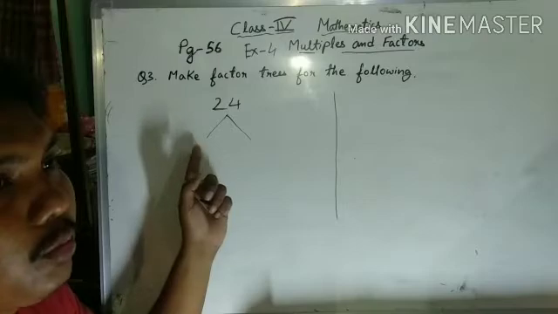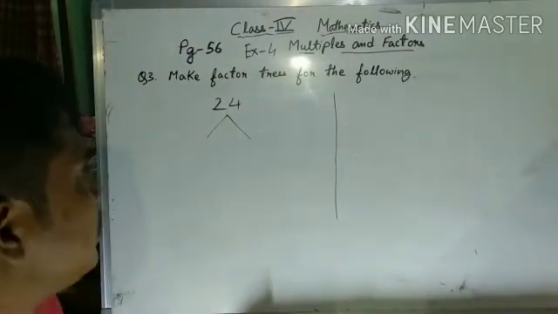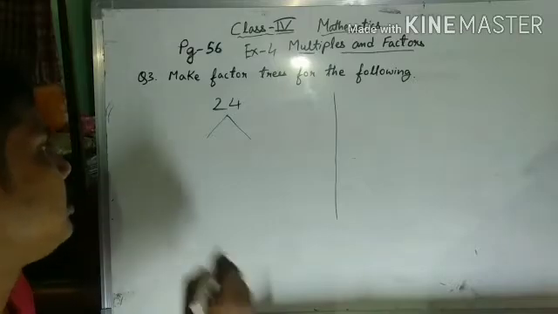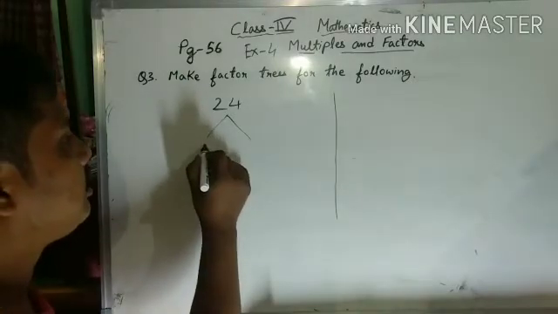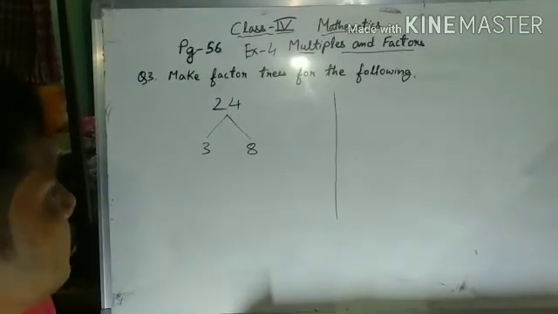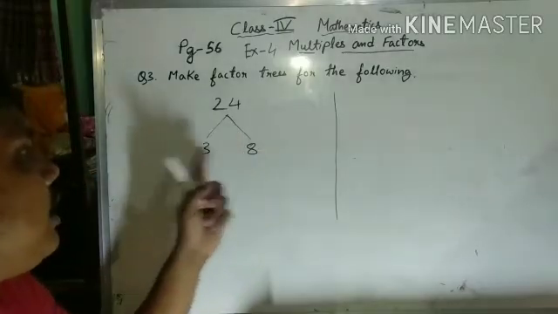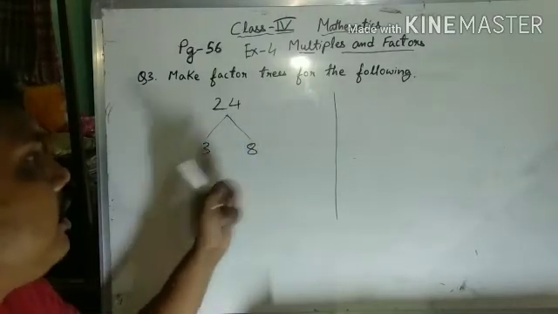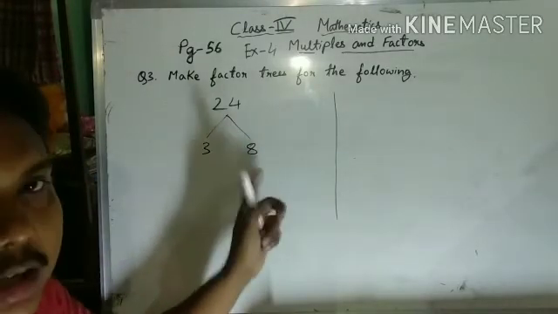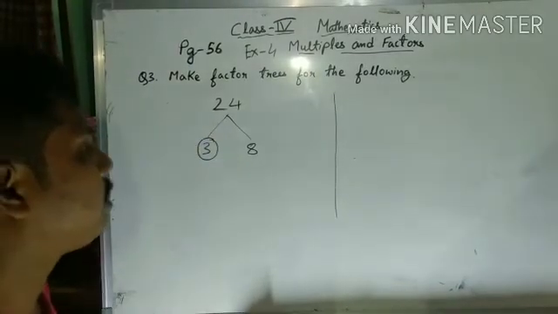We cannot write 1. Except for 1, you write any numbers. So let's take 3 eights are 24. I am writing 3 here, 8 here, or you can write 8 here, 3 here, either way. Now 3 is a prime number, so we circle it.